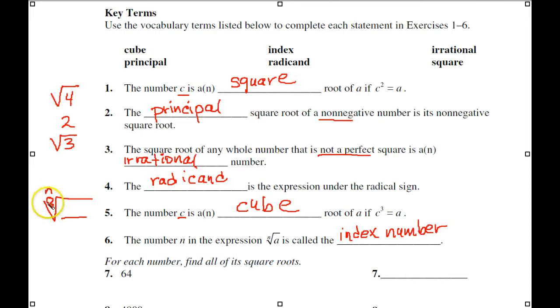But any number higher than 2 that we put in this position is referred to as the index number. So you might say, well, what's the index number of a radical that doesn't have one? Again, it would be 2. And 1 is never there. The 2 is the unwritten.